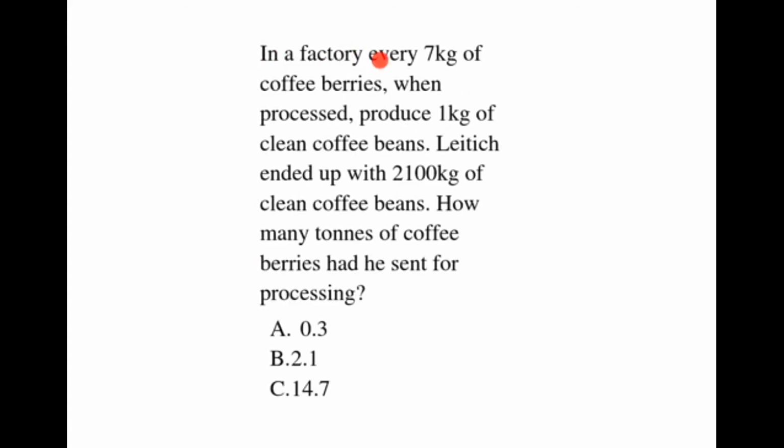In a factory, every 7 kg of coffee berries, when processed, produce 1 kg of clean coffee beans. Leitich ended up with 2,100 kg of clean coffee beans. How many tons of coffee berries were sent for processing? Solution.